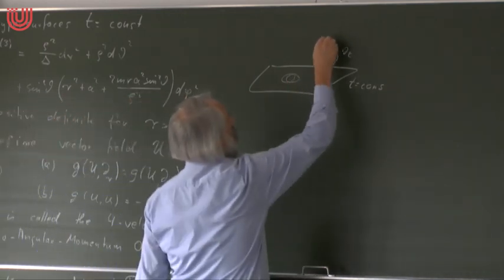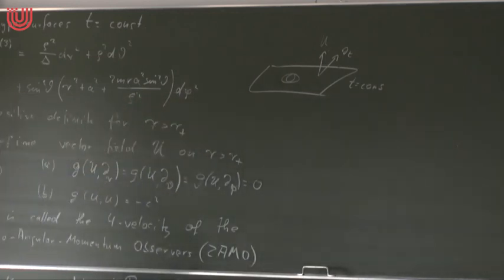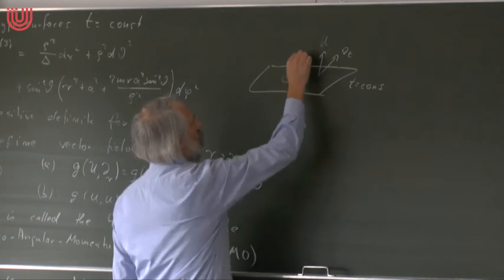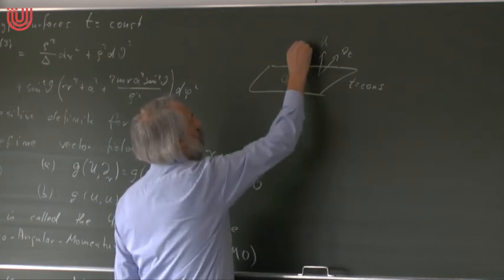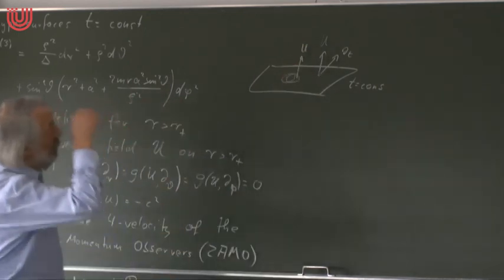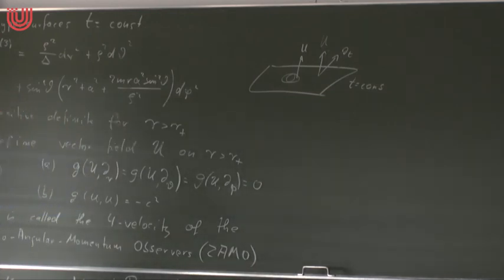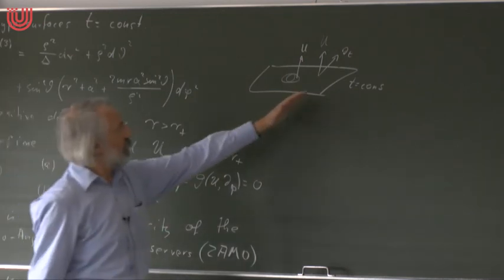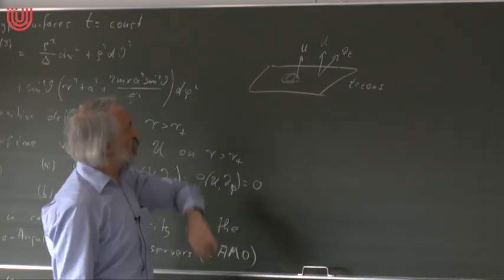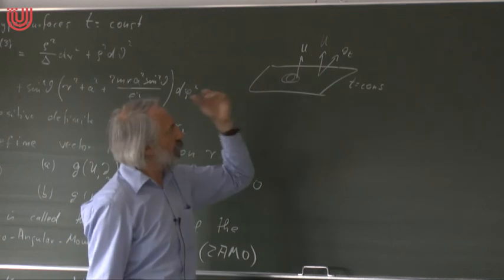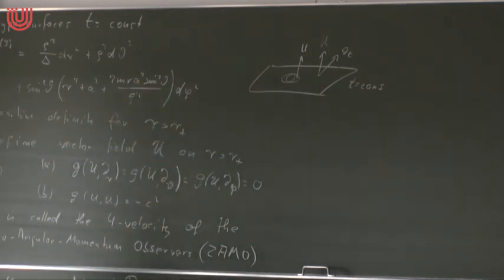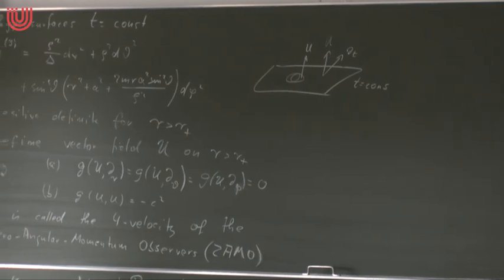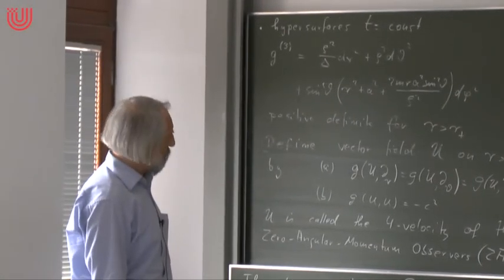And then the four-velocity u of the zero angular momentum observers. Inside the ergo region, I have only my vector field u. The vector field d by dt of course exists, but it's no longer associated with observers. So with this vector field u, I can cover the whole region up to the horizon. With the vector field d by dt, if I want to associate it with observers, I cover only the region outside of the stationarity limit surface.